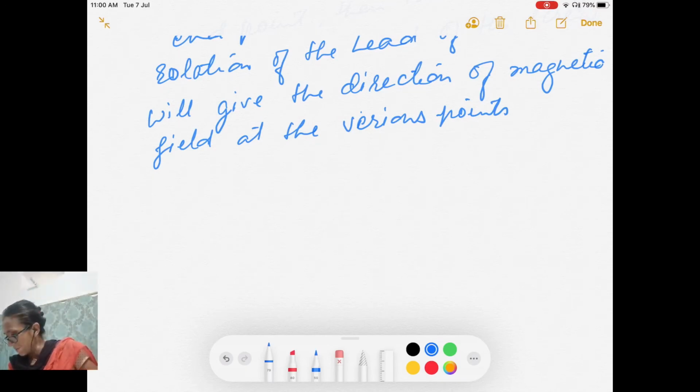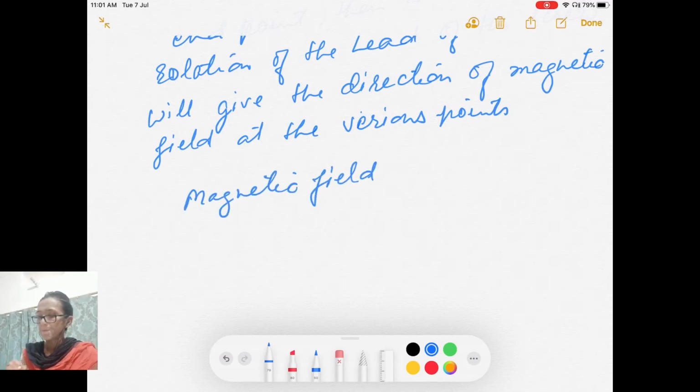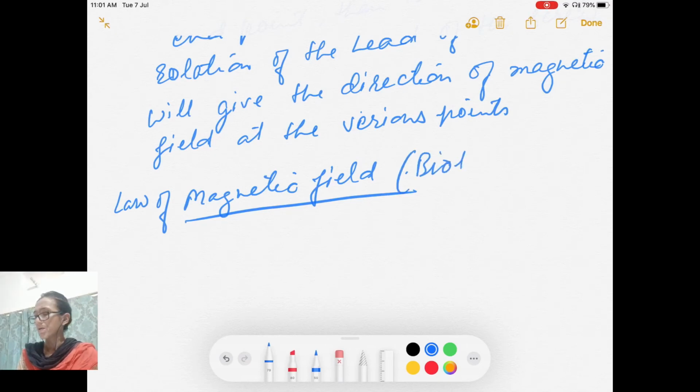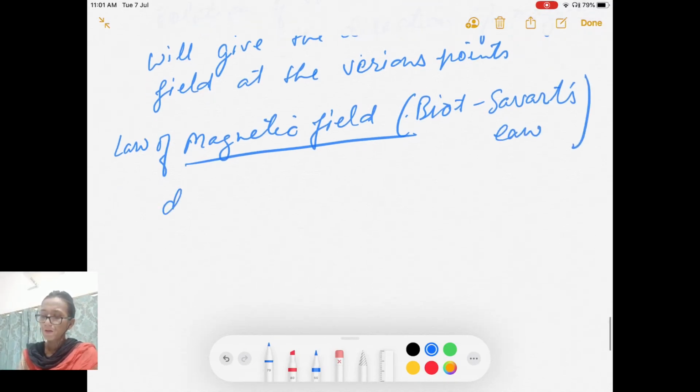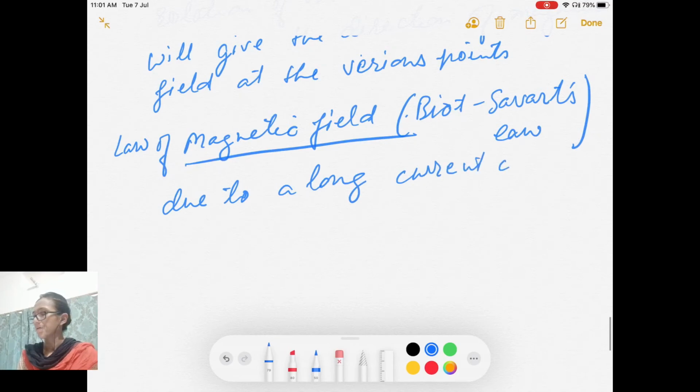Let me read the complete names of the two scientists. The law of magnetic field, also called Biot-Savart law, due to a long current carrying conductor.